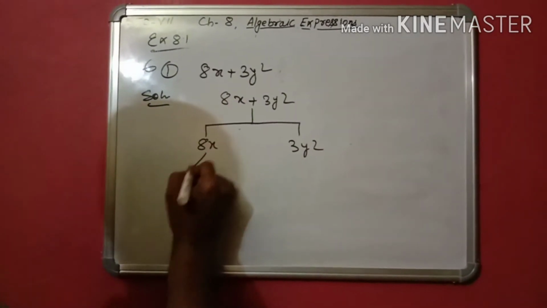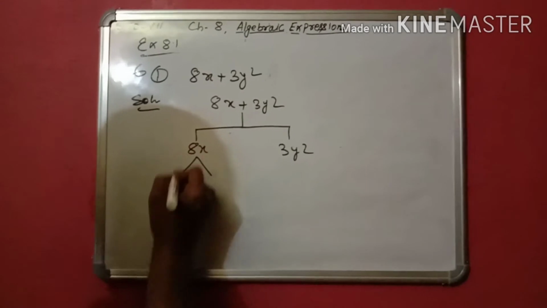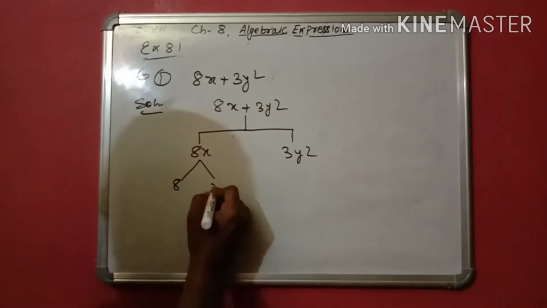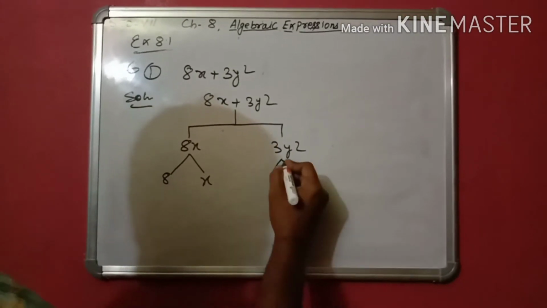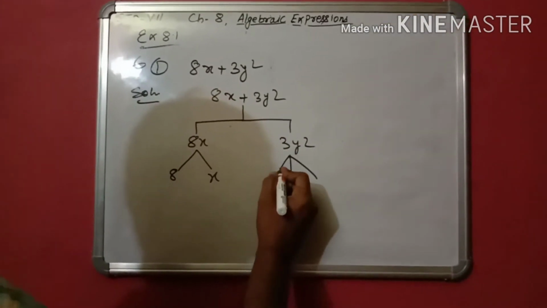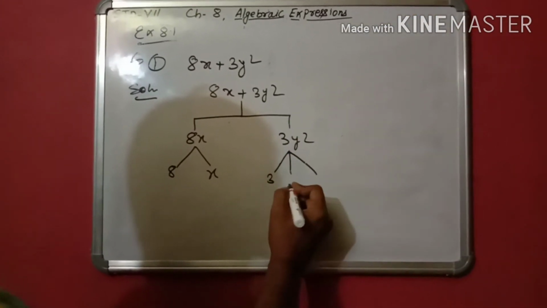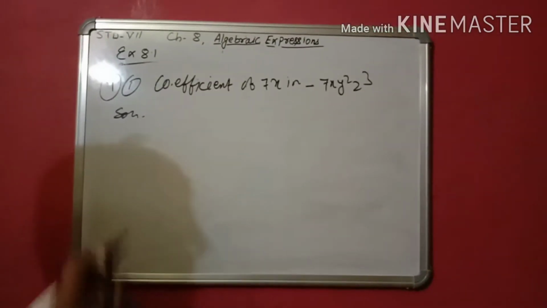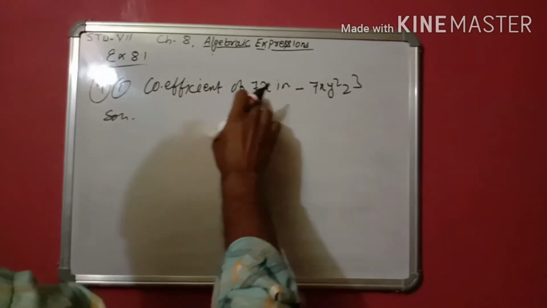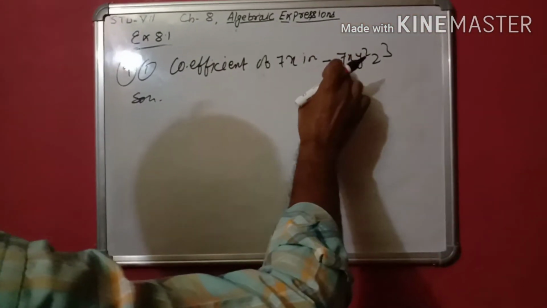Now from here two parts are there, one is the constant, that is 8, and the variable is x. Here we can write it like this, 3, and how many y's are there? 2 y's, so we can write y square. Write down. Question number 9. Coefficient of 7x in the terms given, what?